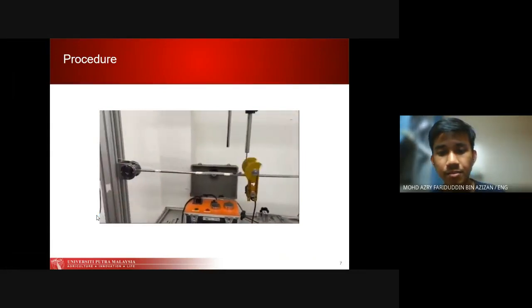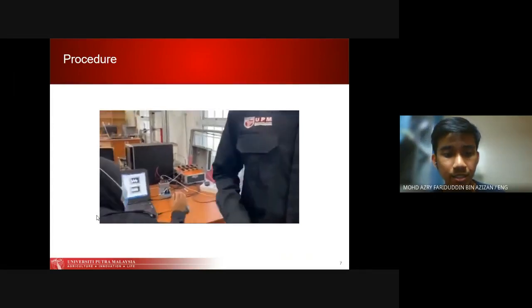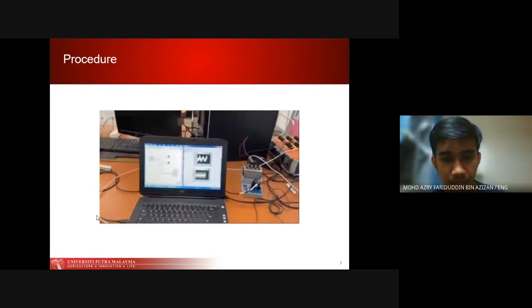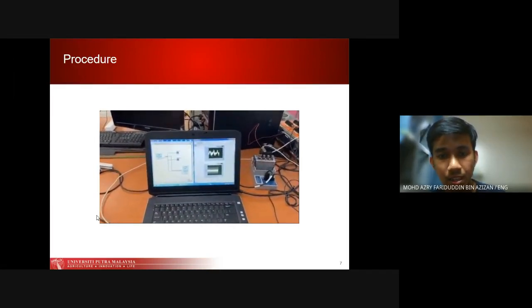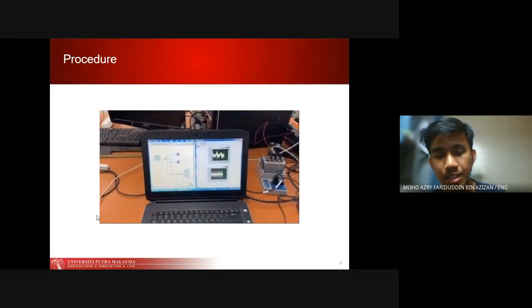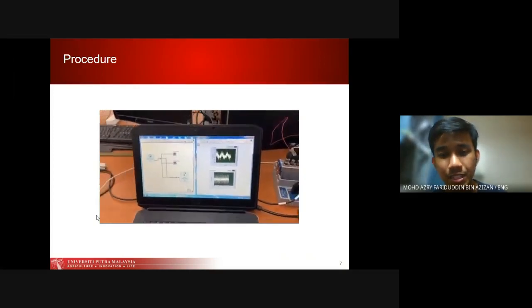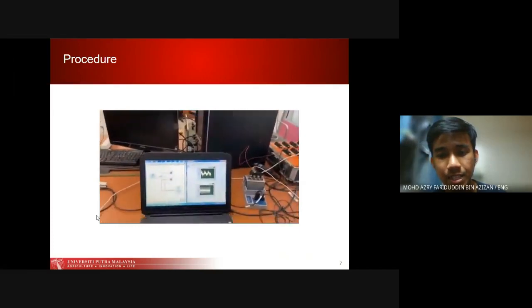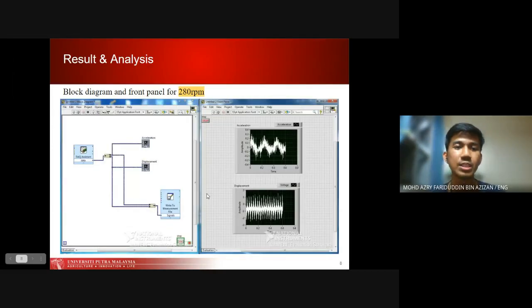The beam will vibrate, and then we collect the data on the software. The data will be collected for 10 seconds. Each second will have 1,000 data, and for the 10 seconds we have 10,000 data. Next for the procedure, I will pass to the next presenter.